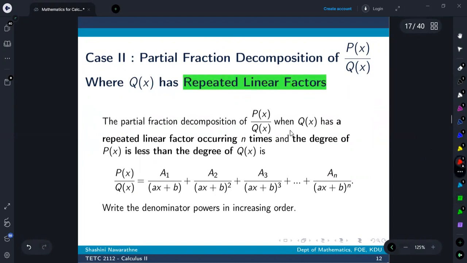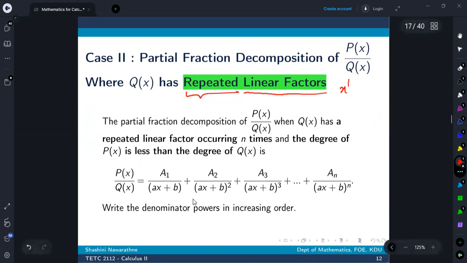That means the factors should be linear factors, so the power of x should be 1, and repeated factors means the factors appear more than once. If a specific factor appears more than once, then we need to follow case 2.